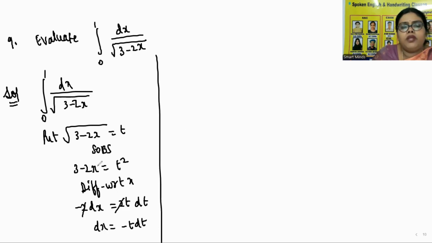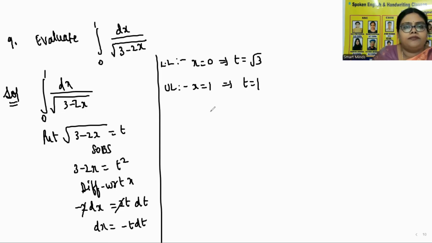Now whenever we do any substitution, limits also change. So lower limit will be x is equal to 0, so t will be root 3. And if x is equal to 1, then t will be 1. Now the integration will change from root 3 to 1.